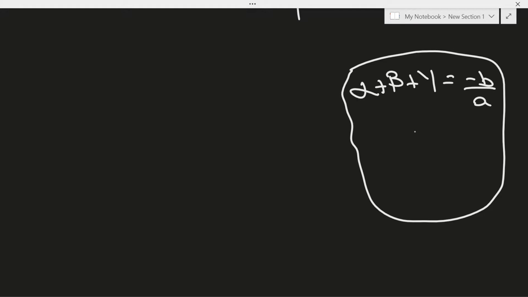However, next what we'll need to know is the sum of the product of two of the roots at a time. Now that sounds very difficult just listening to it, but I'm going to say it again. The sum of the product of two of the roots, two at a time.